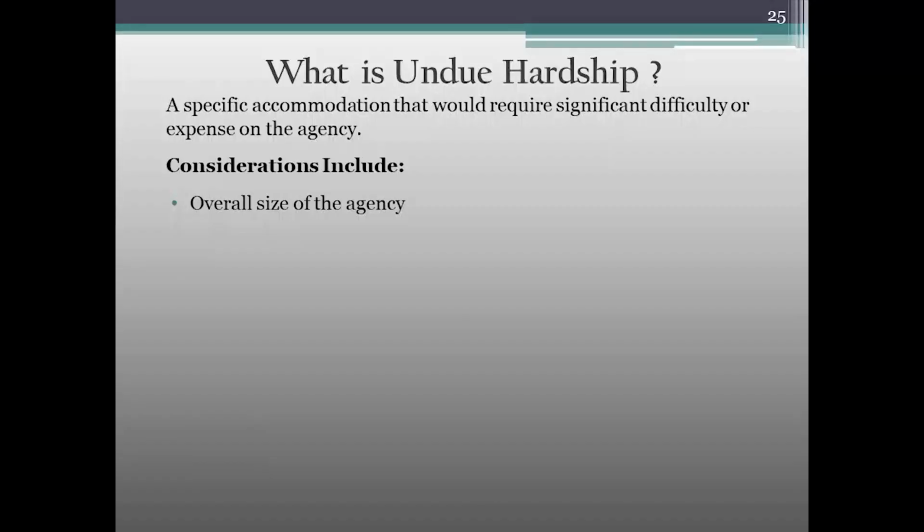Some considerations that you should include are the overall size of the agency, the type of operation of the agency, what the core mission of the agency is, and how the reasonable accommodation would impact that, and the nature and cost of the accommodation. Now, I will say, the majority of the time, cost is not a very good reason for denying reasonable accommodations.